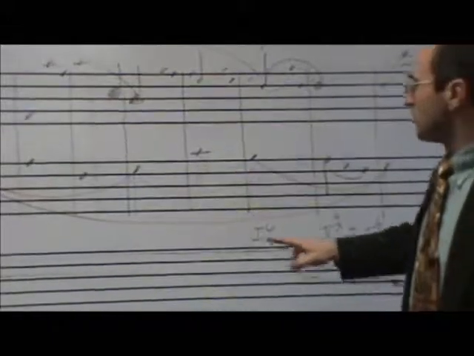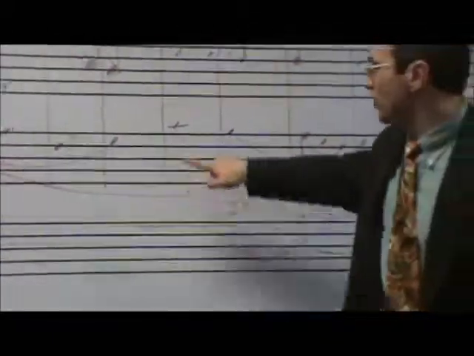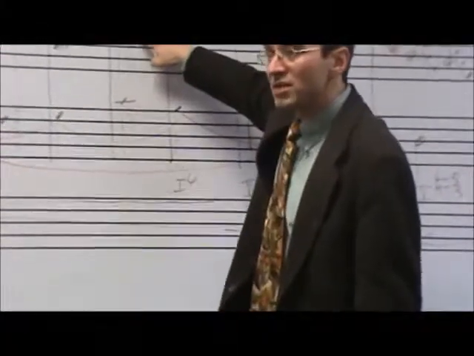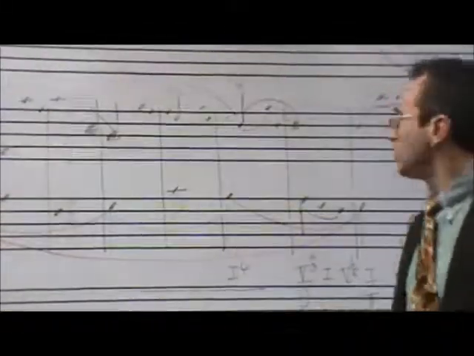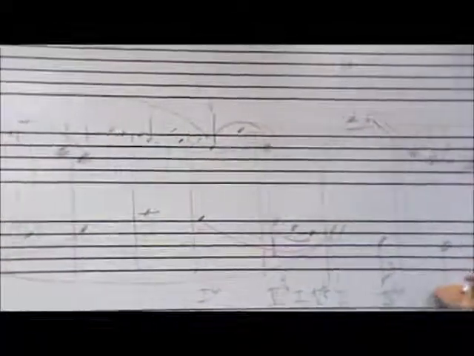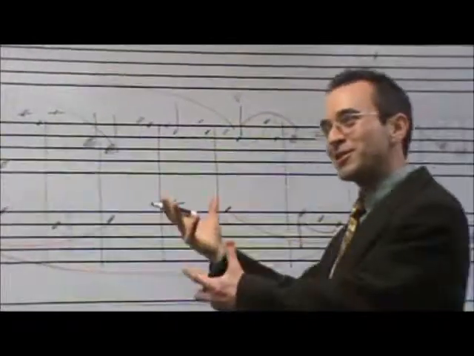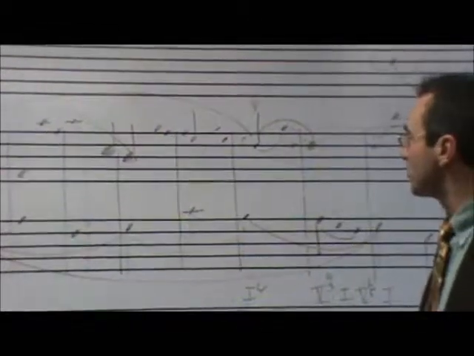Basically, if I've got a chord here and I've got a stem, I want something to correspond to it. It's this counterpoint idea. If I've got a main note up above, I'm going to look for support for it. If I've got a chord down here, I'm going to look for something that is being supported up above. I want to see how the two parts interact with one another.